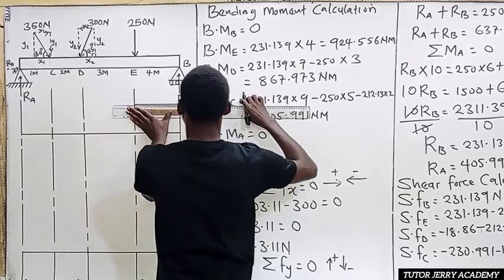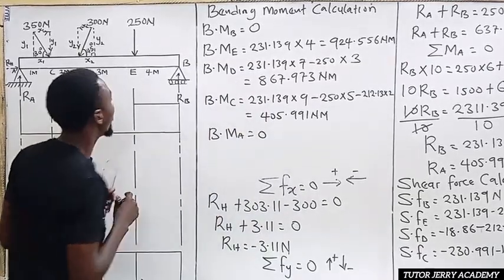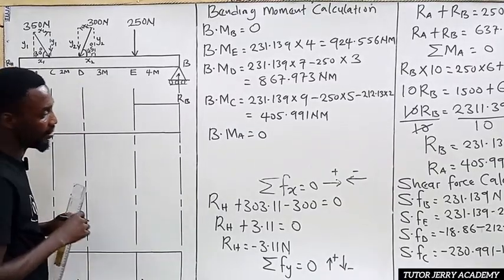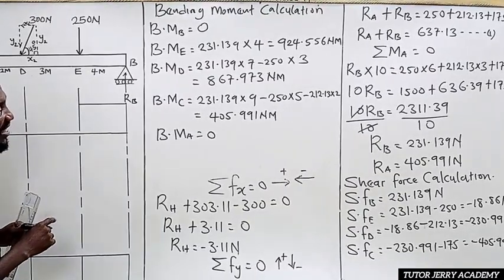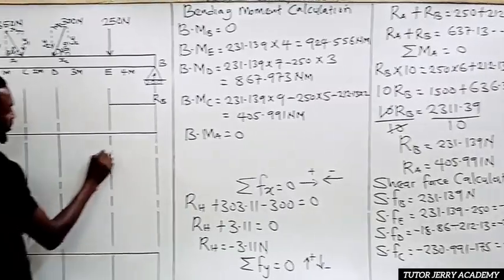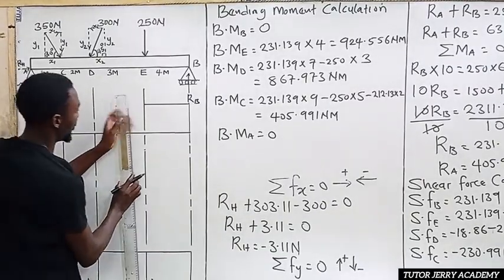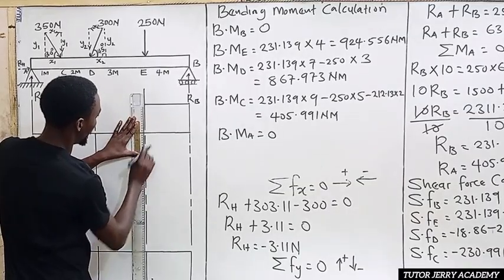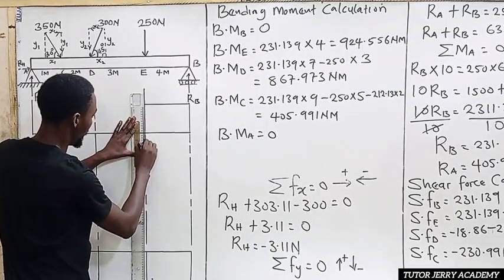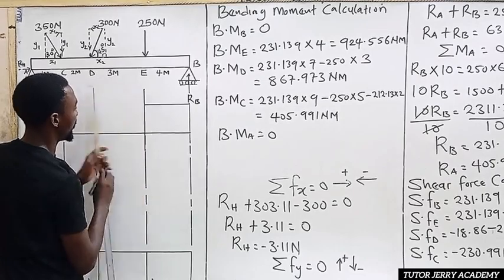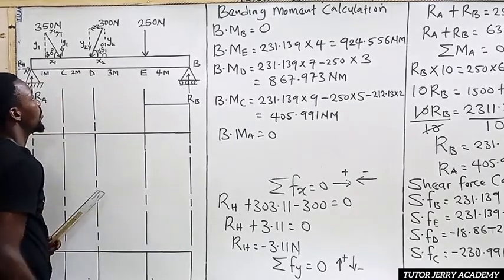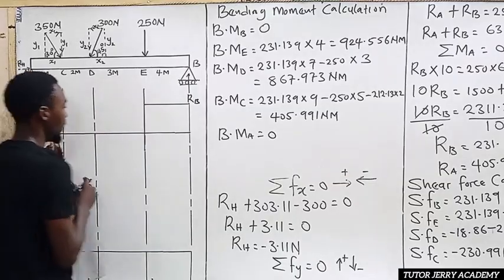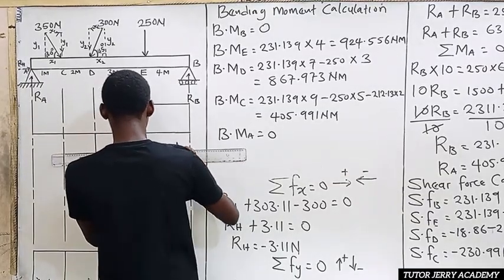All right, and the shear force at point E now is nothing but negative 18.86. So let's make use of this point. So we're going to join this point down with this. All right, that is it. So between E and D there's no load, so we are going to join this to this.